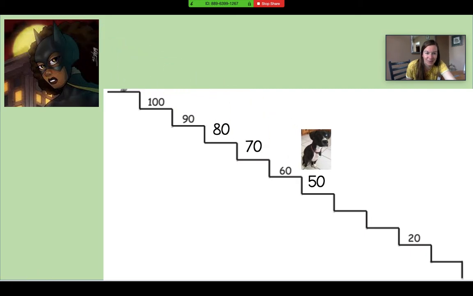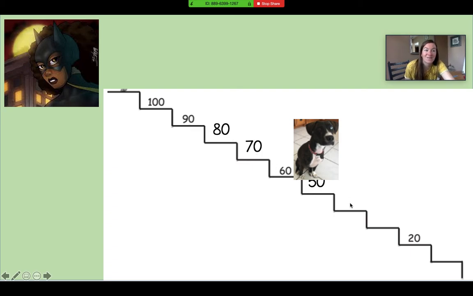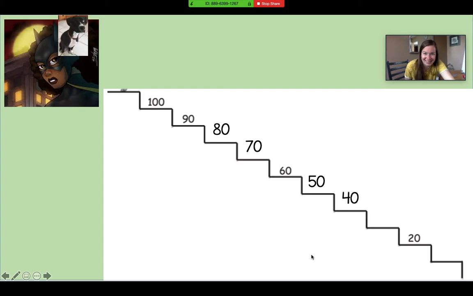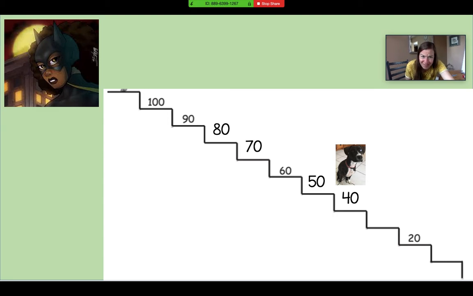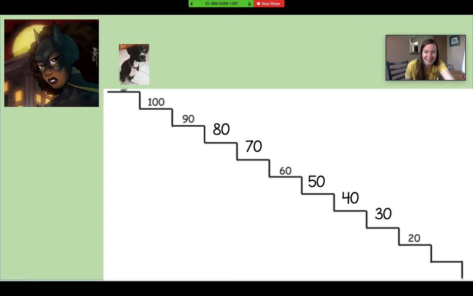Big slide there, Ruby. 100, 90, 80, 70, 60, 50, 40. Oh, you got it. You guys are ready for this. Looks like Ruby's having fun on those stairs now that we're helping her with the skip counting. 100, 90, 80, 70, 60, 50, 40, 30.